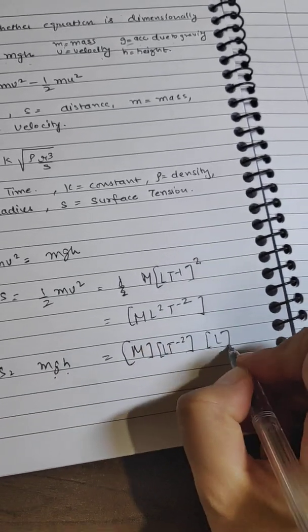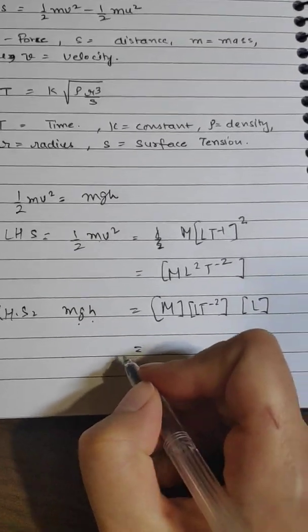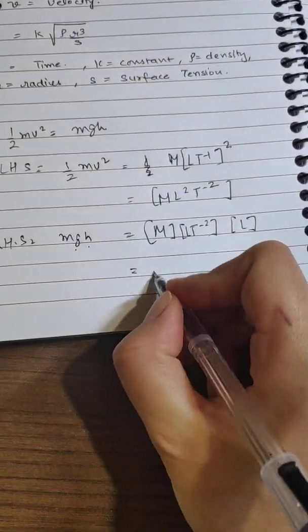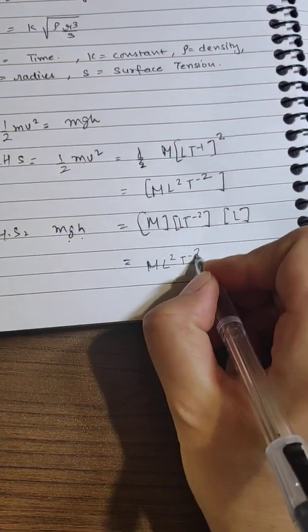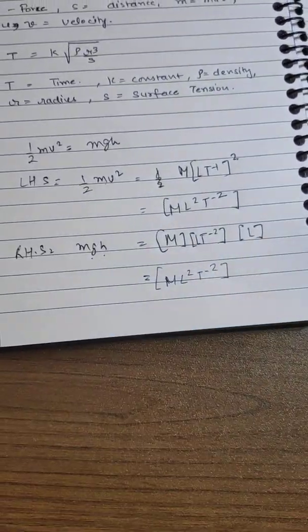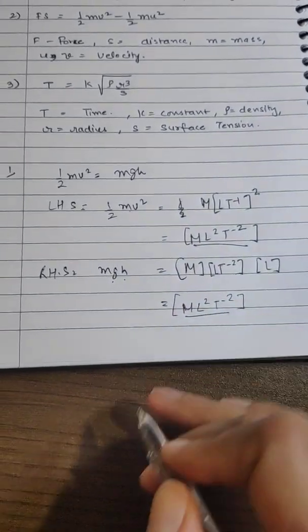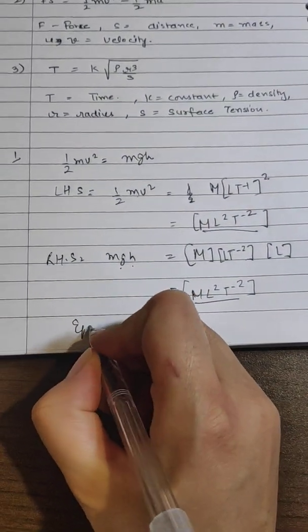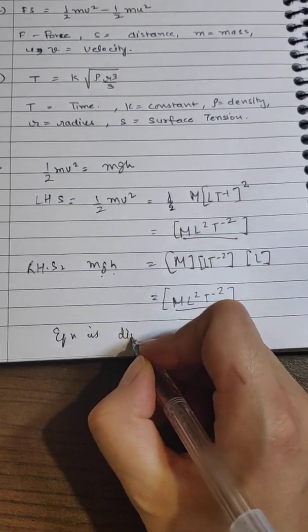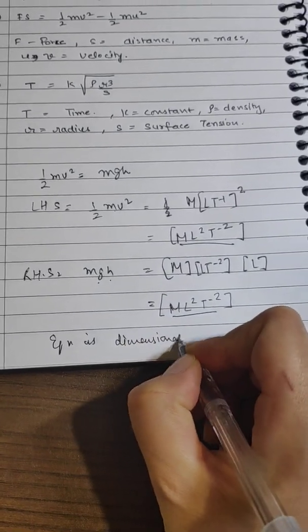For height, that is length, so it is L. So it will be M L2 T minus 2. Because the left hand side is equal to the right hand side, as you can see, this equation is dimensionally correct.